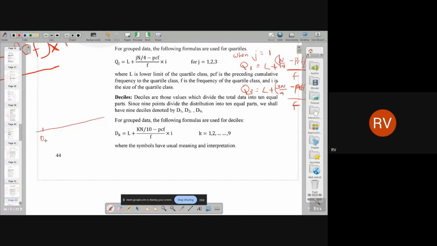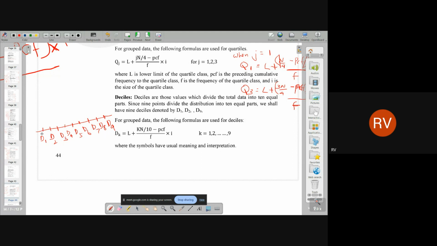The first part is called the first decile, then the second decile, third, fourth, fifth, sixth, seventh, eighth, and ninth decile.